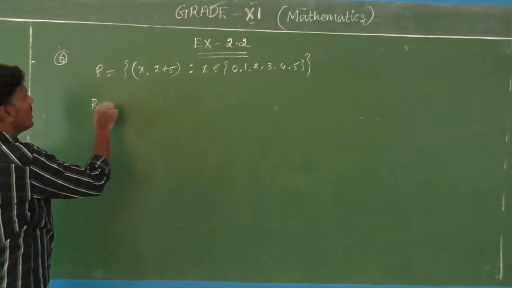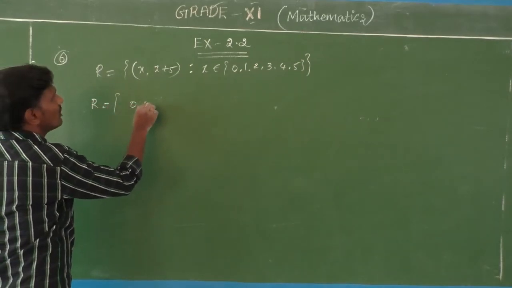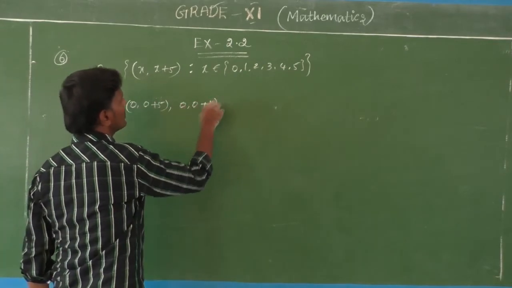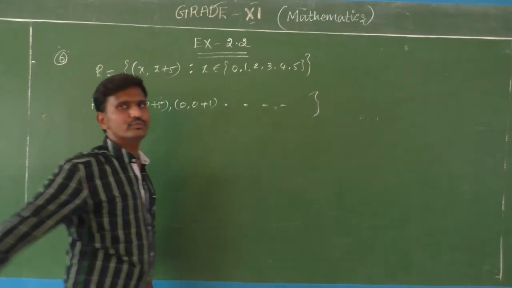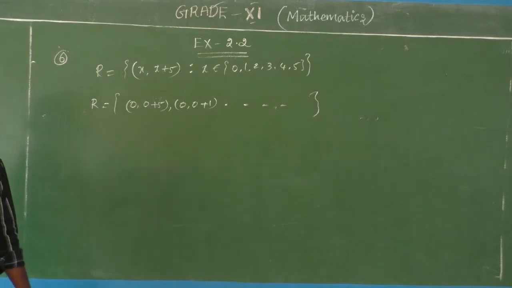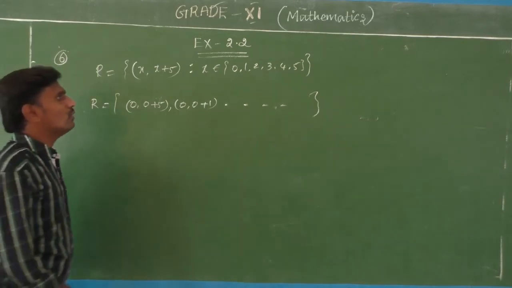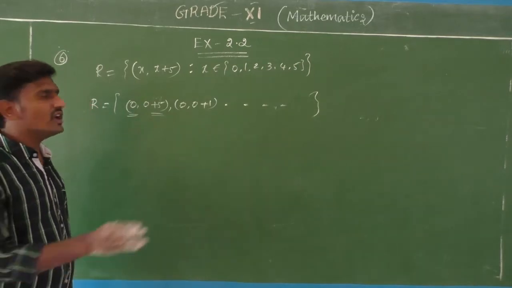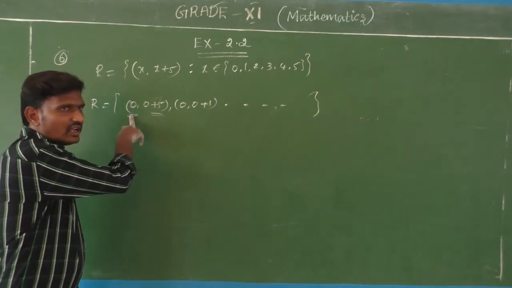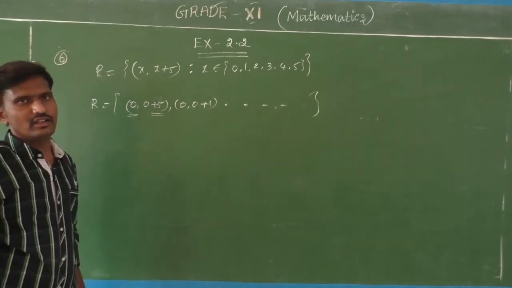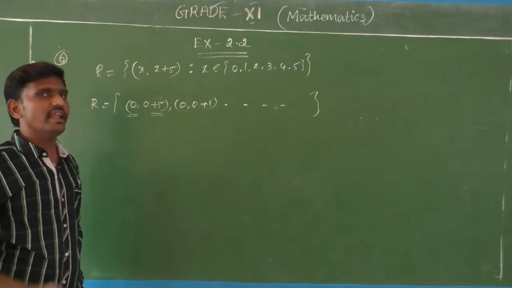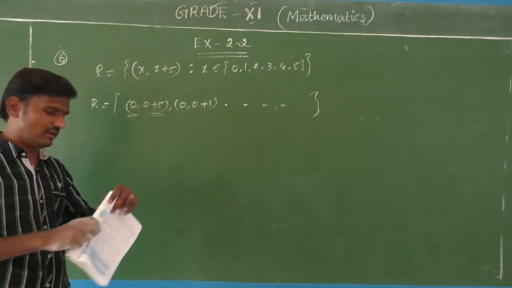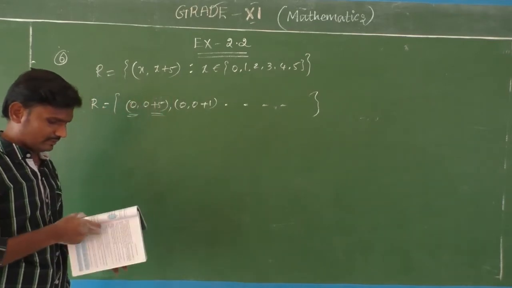So R is equal to (0, 0 + 5), (1, 1 + 5), and like that you have to continue. Count how many ordered pairs come, and then find the domain and range. Domain is the set of first elements of the ordered pairs, and range is the set of second elements of the ordered pairs. That's all.